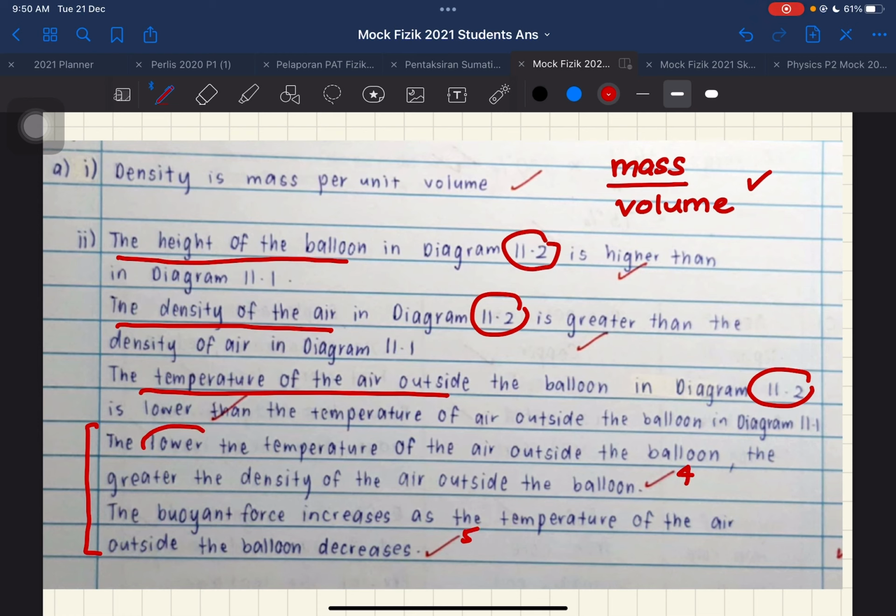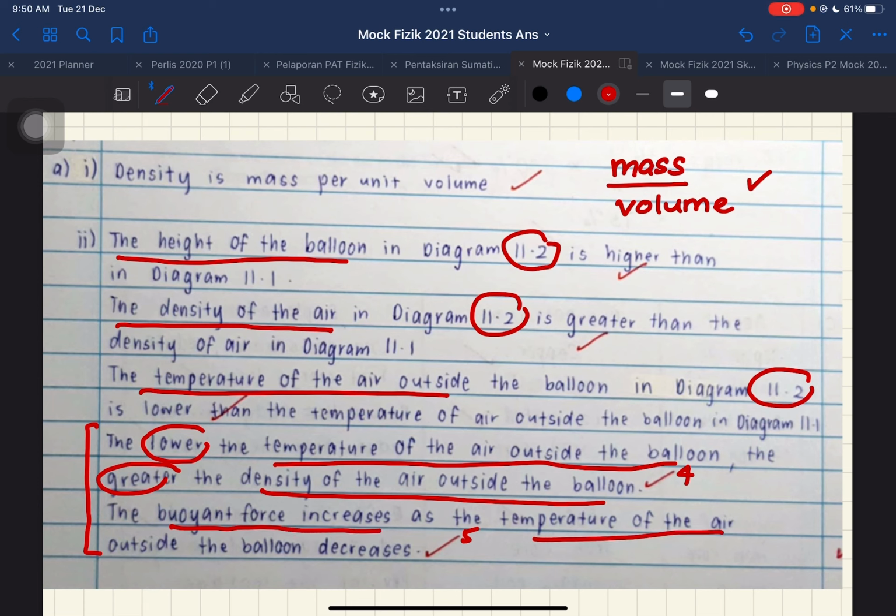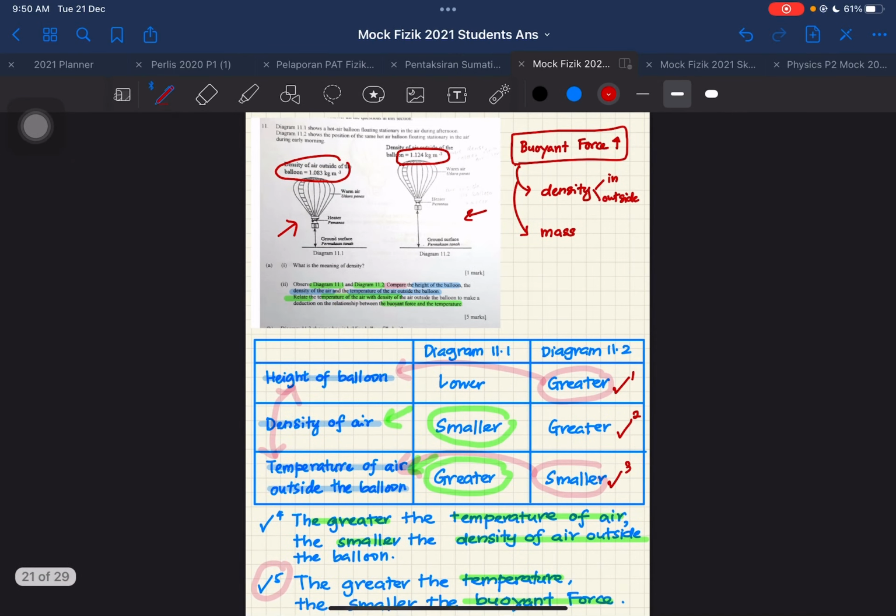So I say the lower the temperature of air outside the balloon, the greater the density of air outside the balloon. This is clear. And then buoyant force increases as temperature of air outside balloon decreases. The greater the buoyant force, the smaller the temperature of air outside the balloon.